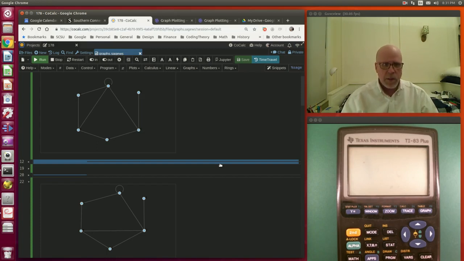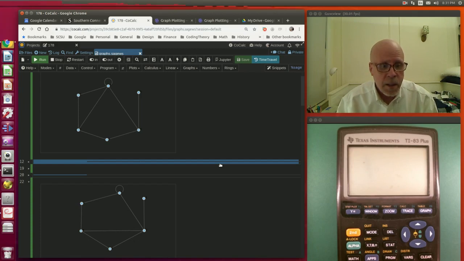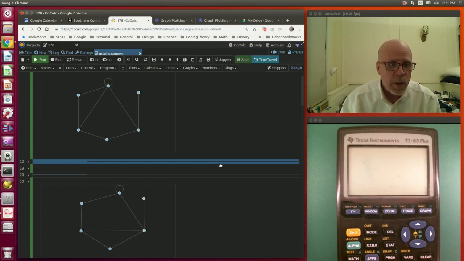An invariant is a number or even a Boolean thing, a true-false kind of question, but a thing that, if it's true in one graph, then it will be true in another graph that is isomorphic to it. And what we've got here is a case where one of the simplest graph invariants will tell you there's no hope here.